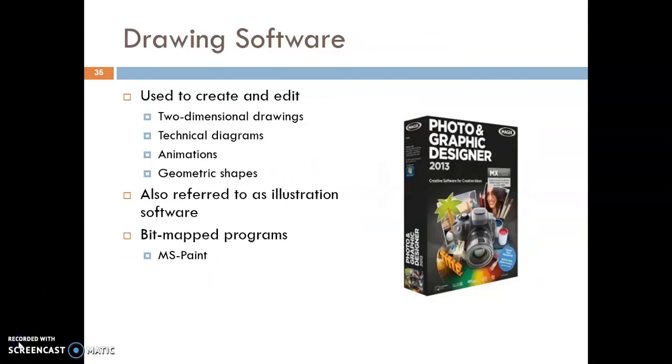Okay, this is drawing software, which lets you create or edit two-dimensional line-based drawings such as technical diagrams or original non-photographic drawings, animation, and illustration using standard drawing and painting tools such as pen, pencil, and paintbrush.